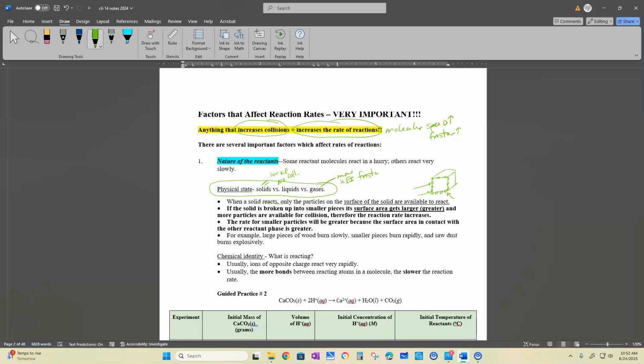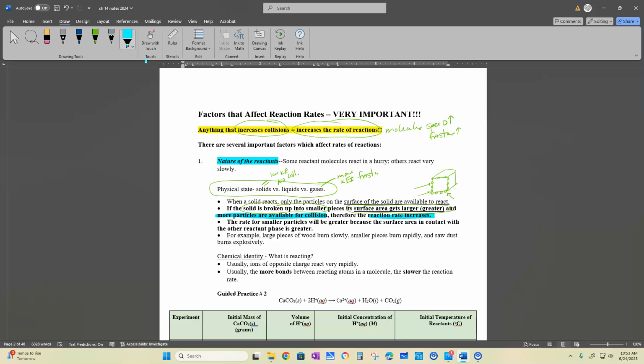If the solid is broken up into little pieces, the surface area actually gets larger, which means now, here's the key part, you have more particles available for collisions. And if you have more particles for collisions, the reaction is faster. So the rate for smaller particles is greater because the surface area in contact with the other reactant is greater.